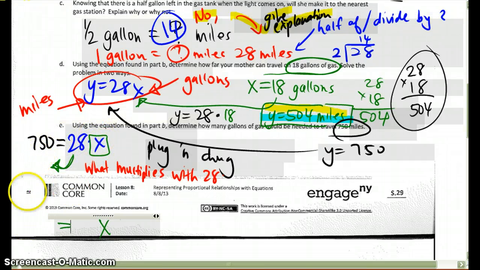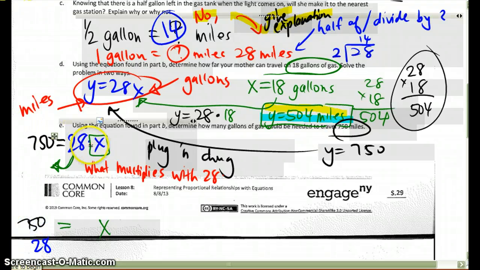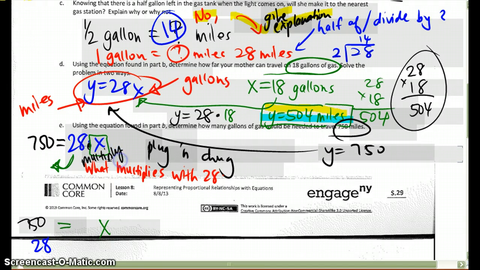It's going to go where the 750 is, and I'm going to write it right under the 750. And the math that I'm going to do with 750 and 28 is division, since here I did multiplication, so I always do the inverse, which is here division. So I'm going to divide, so that's why I draw a fraction bar.